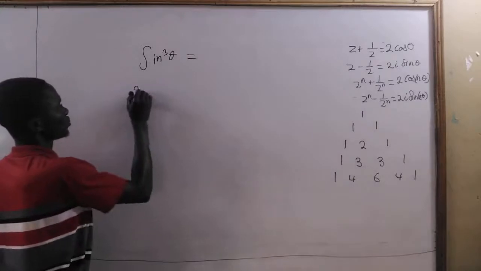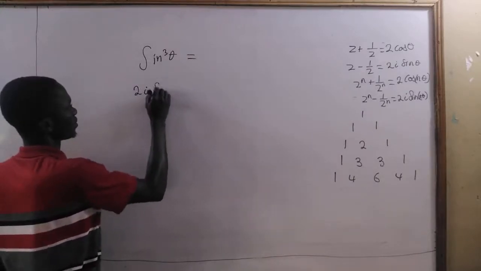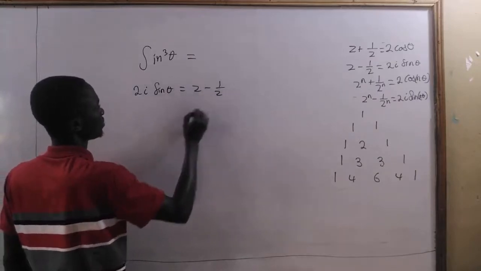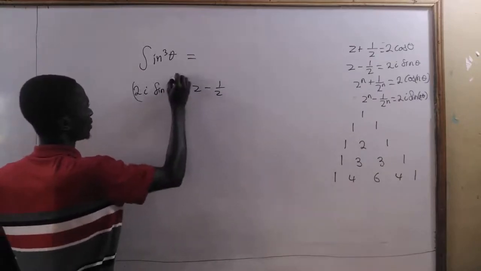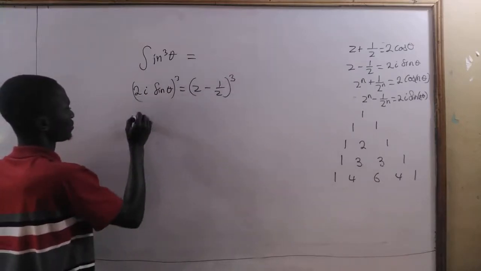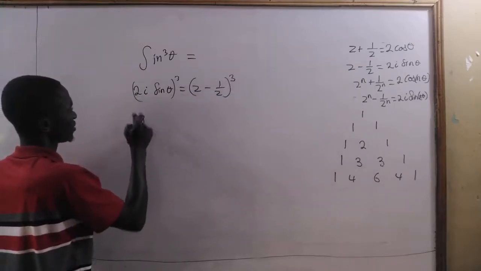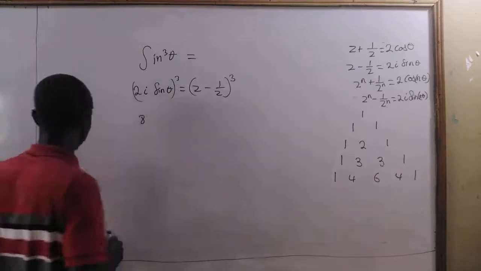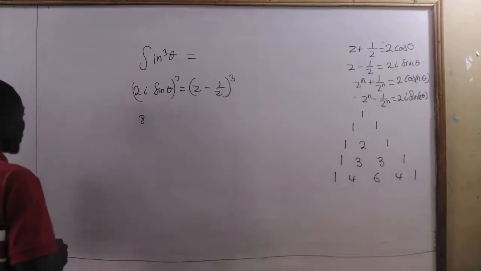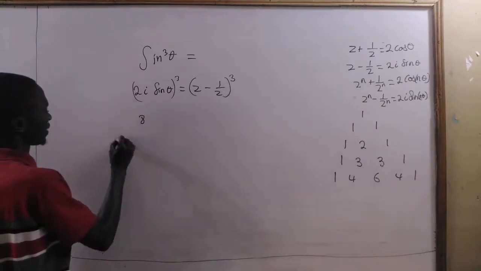So you take 2i sine theta equal to z minus 1 on z. You keep this one and you keep this one. So this one will give us 8. And what is i cube? i cube is what? i cube is negative i.